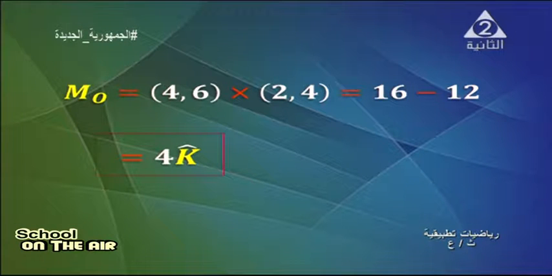The moment about O equals R cross F. F is unknown; from the given, we find the value of the force F, (2, 4). Then we use the vector product, (4, 6) cross (2, 4), 4 times 4 minus 6 times 2. The answer is 4k.